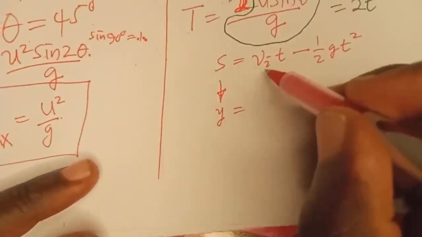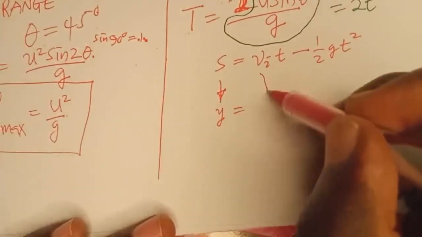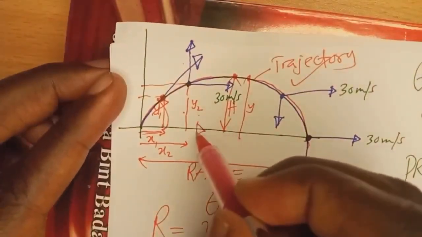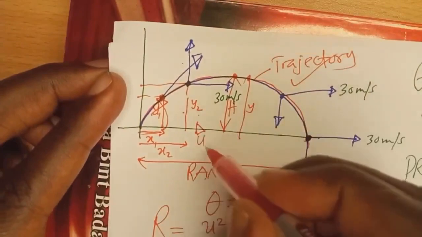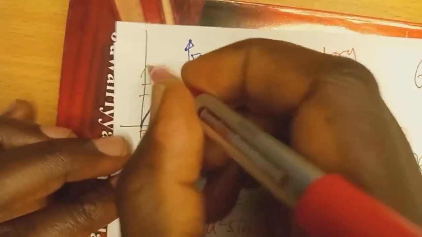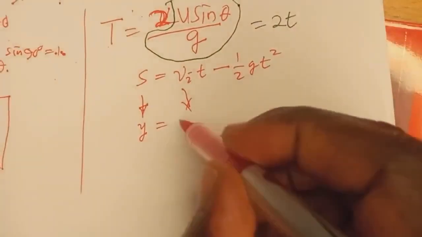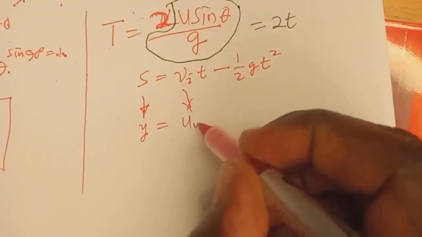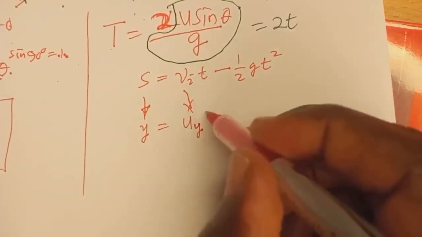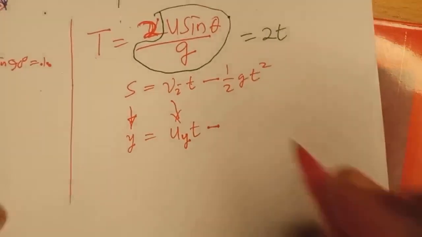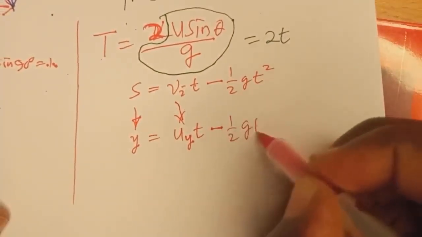And for vertical displacement, don't forget, for a projectile you have horizontal velocity u sub x and vertical velocity u sub y, and they are not interchanged. Since this is vertical, our u should also be u sub y. And then I have time t, since it is going up, I will give it a negative sign, and I have half gt squared.